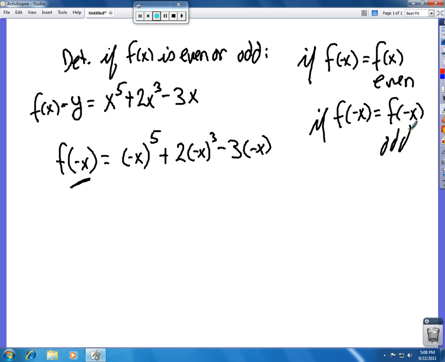So let's go ahead and check this one out. All we have to do now is raise negative x to the 5th power. Well, it's being raised to an odd number, so it's actually going to stay negative. If you need proof of that, just write it out 5 times. So you've got negative x times negative x times negative x.